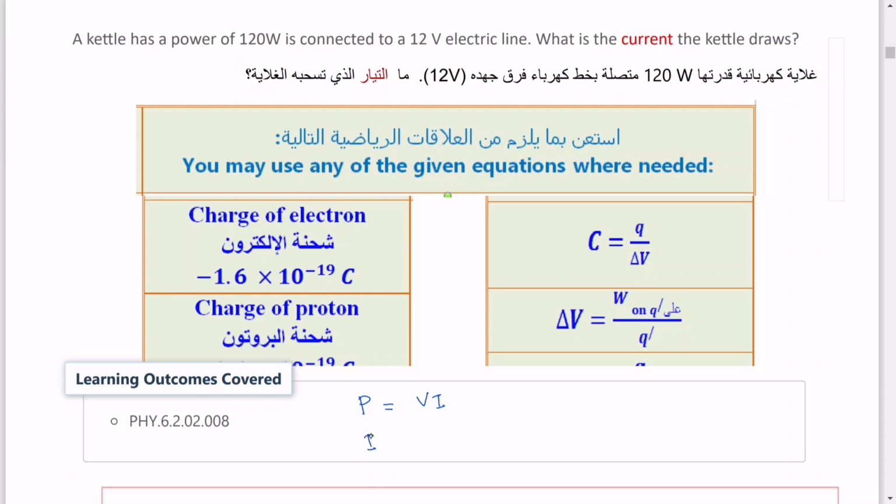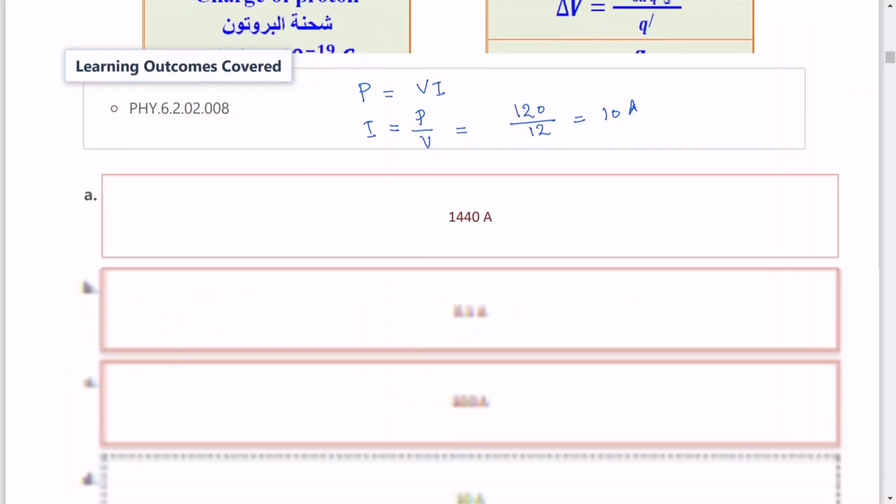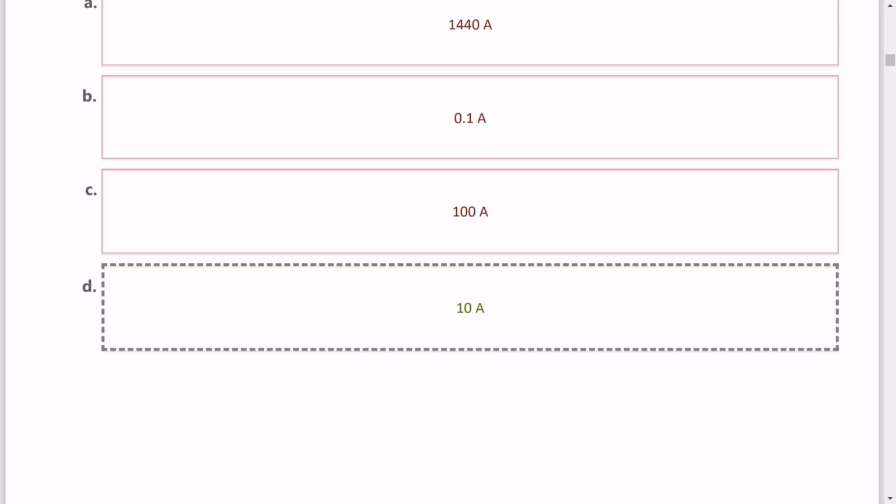So current is equal to, when I rewrite this equation, power divided by V. The value of power is 120 watts divided by the value of potential difference, V, which is 12. So the answer will be 10, and the unit of current is ampere. 10 ampere is our answer to this question.